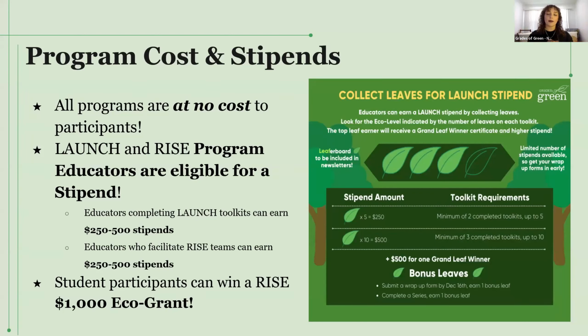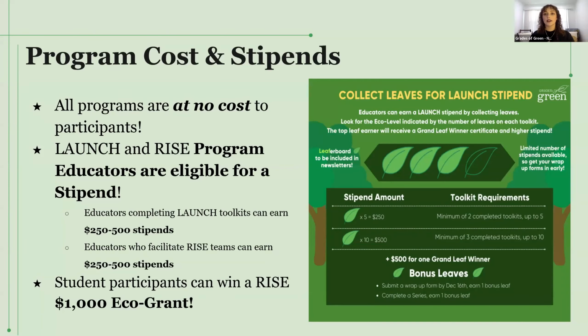Throughout all of our program periods, the students are entered in a grant competition to win a $1,000 eco grant that they can use towards furthering their project, expanding their project, or tackling a new environmental issue that they've been inspired to encounter.